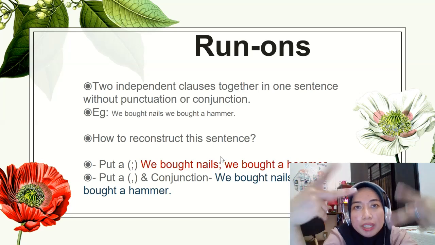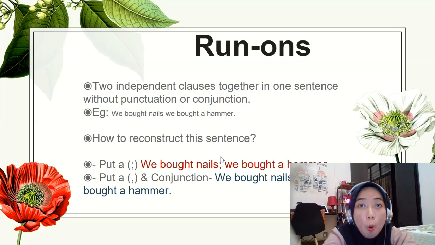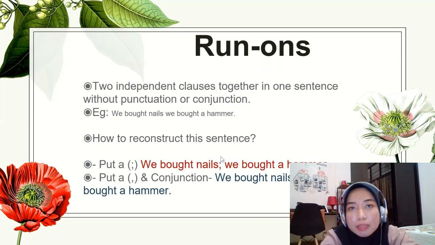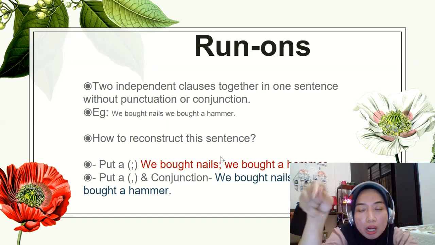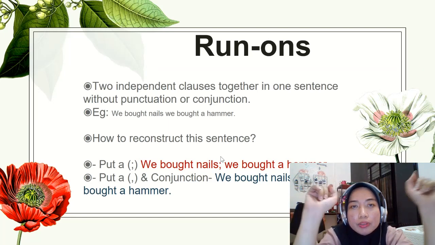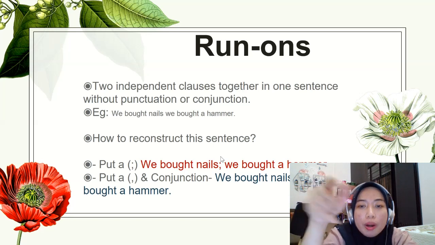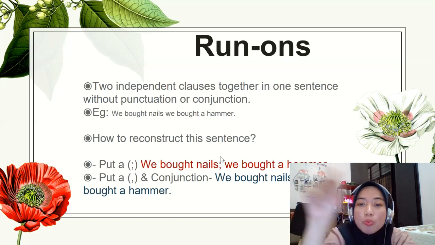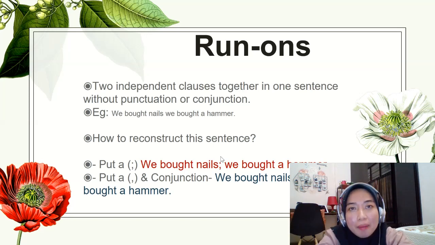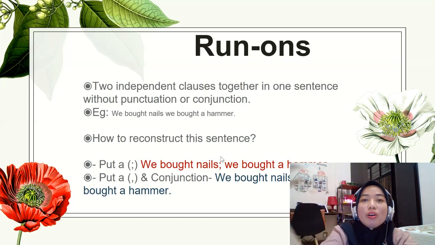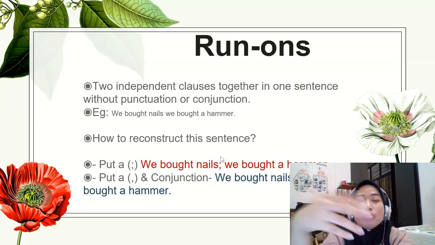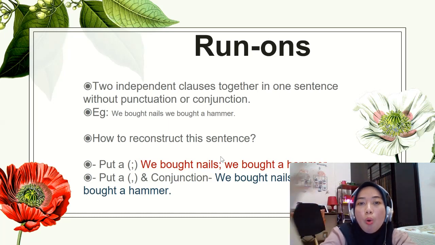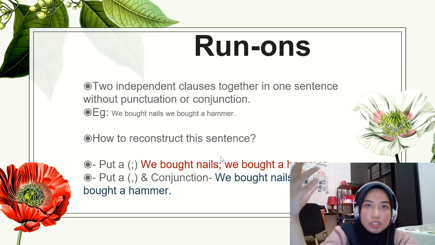So we can divide this into two different sentences, or you can put a semicolon in between: we bought nails, semicolon, we bought a hammer, full stop. Okay? Or you can add a conjunction. We bought nails and we bought a hammer. Okay, so in order for you to repair run-ons, you can put punctuations or you can put conjunctions.